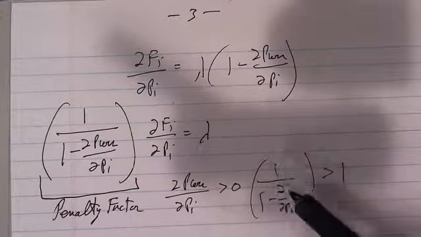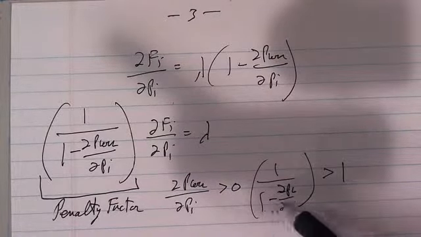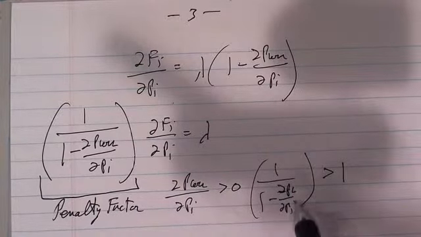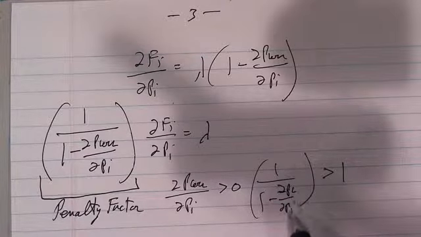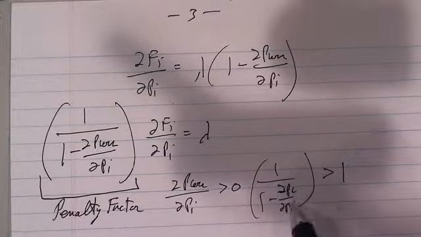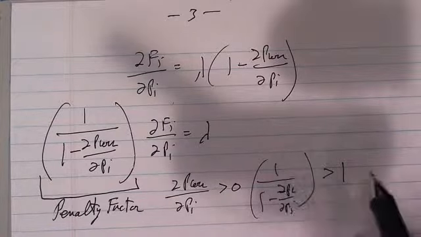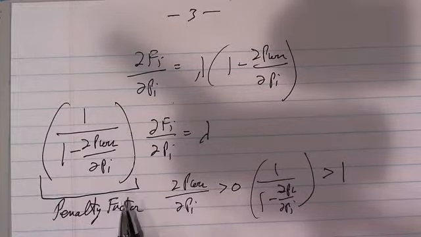Because if this is positive, it subtracts from 1 here, so you get a number smaller than 1. And these numbers are very, very small. We're not talking about numbers up around 1 or 2. We're talking about 0.1, 0.0001, etc. But it subtracts from this, and you divide that into 1, and you get a number greater than 1.